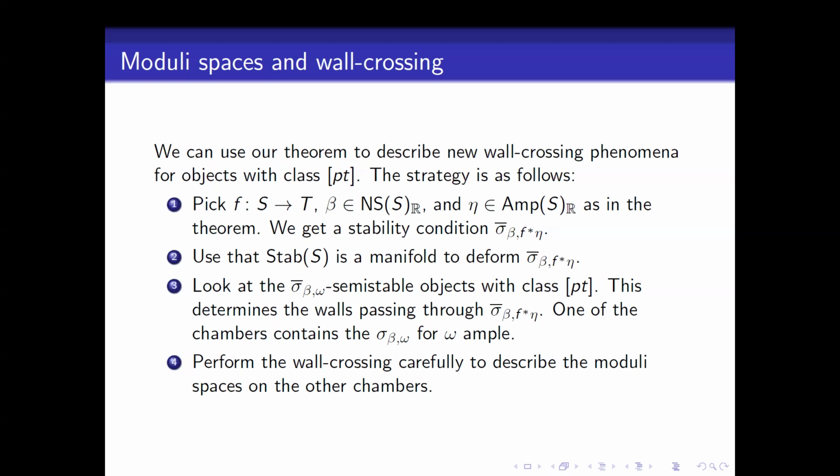This is just a numerical computation. One of the chambers that contains this point in its closure is the geometric chamber. This is essentially by construction. We constructed this limit point as a limit of geometric stability conditions. So we have one part in which we completely understand the moduli space. So to go to any other chamber, we cross each wall carefully and try to understand how the moduli space is changing.